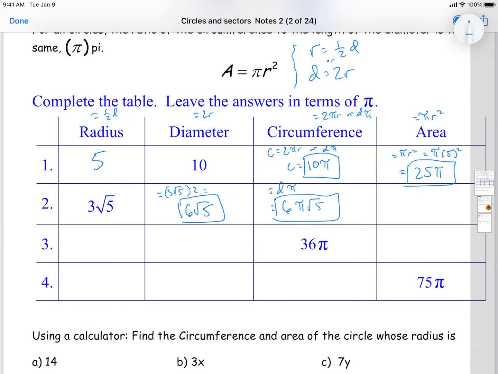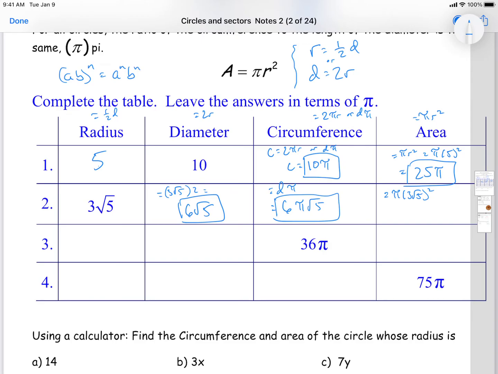Now our area is going to be a little bit trickier. Since our radius is 3 rad 5, our area is going to be the same thing as pi times 3 rad 5 squared. What's 3 rad 5 squared? Remember one of our rules for exponents: if I have a times b to the nth power, this is the same thing as a to the n, b to the n.